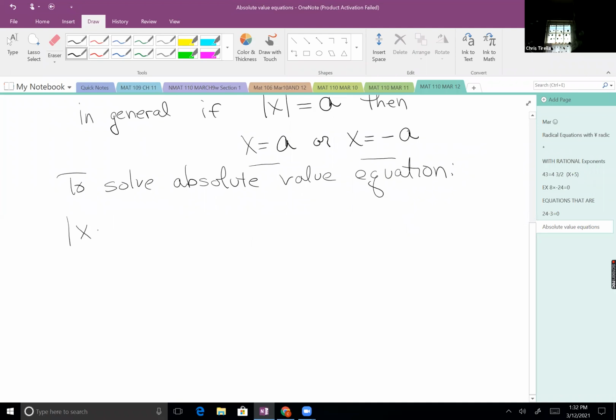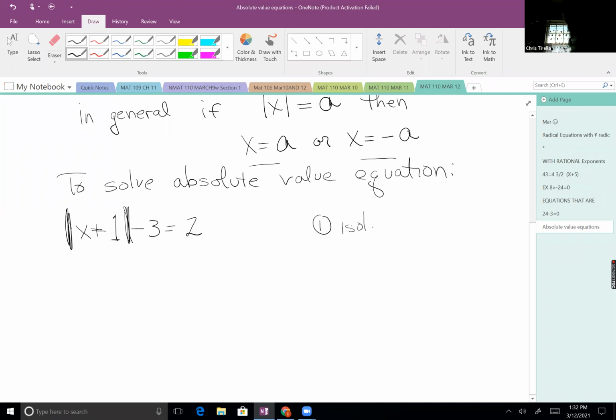I've got, let's say, the absolute value of x plus 1, minus 3 is 2. I apologize. These are my absolute value bars, and this is the number 1. The first thing that I want to do is get the absolute value alone.